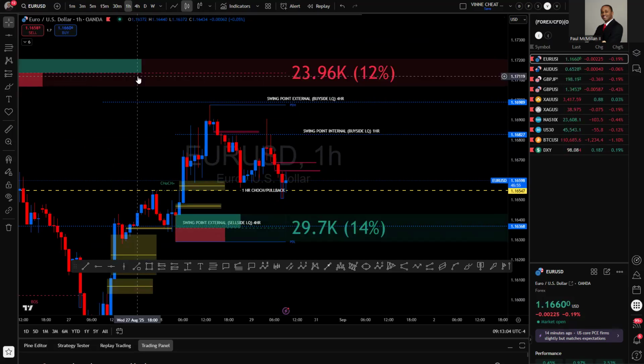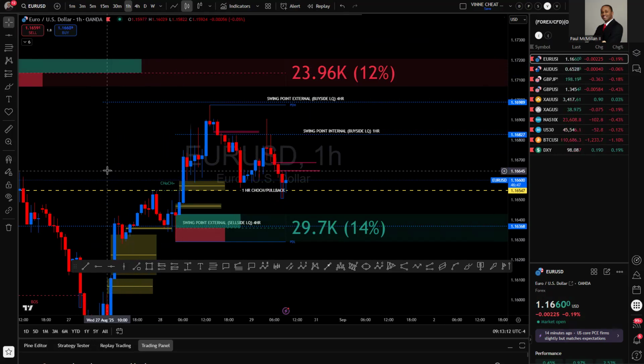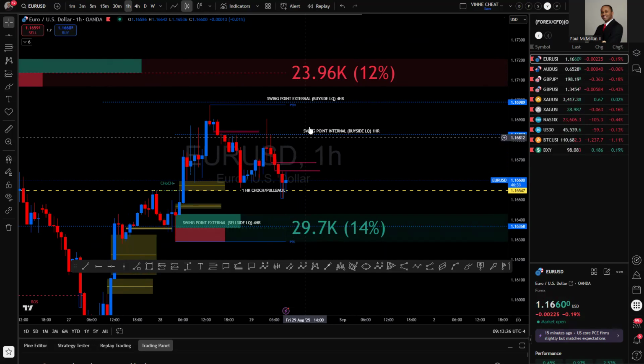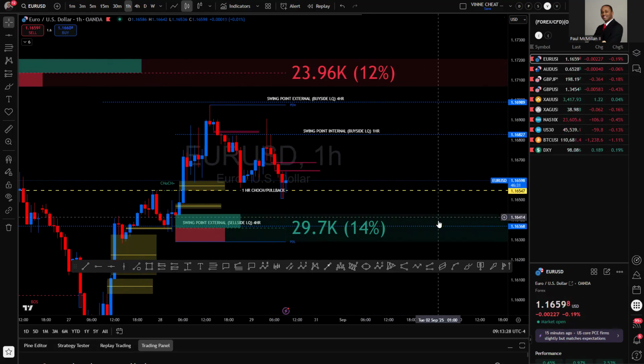So what we have here, see, we have a liquidity raid here, the raid of this low. Now we have the rejection candle. So we would want to see a confirmation candle to be at and then close above and then take it back.